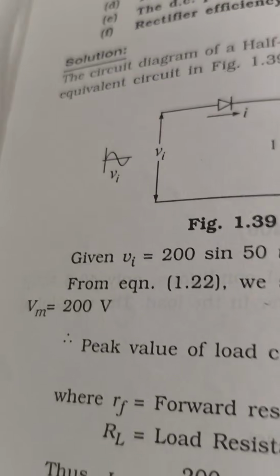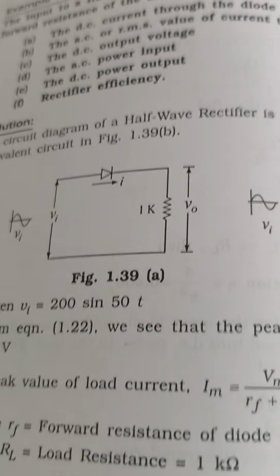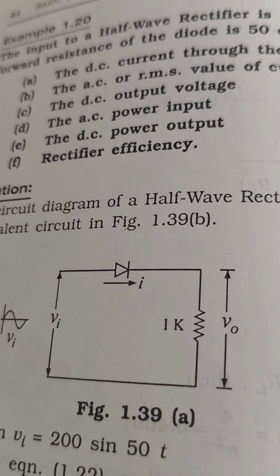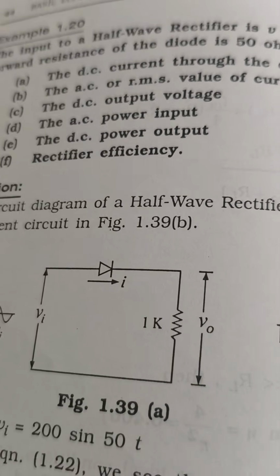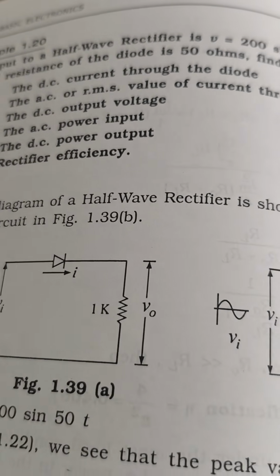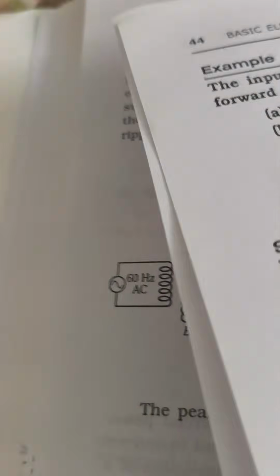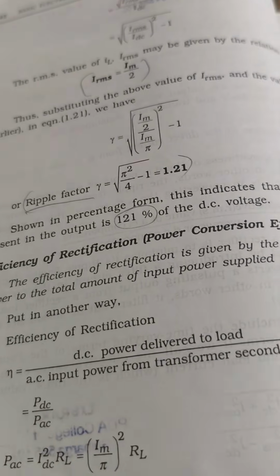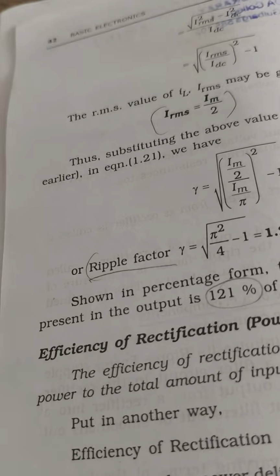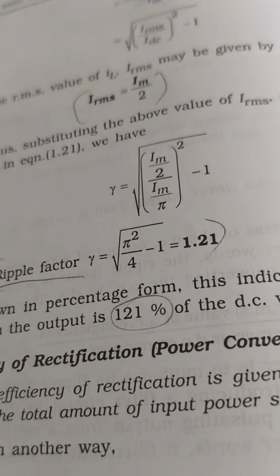Here they have given the solution also: how we have to solve and how we can obtain these terms. What is the DC output voltage? What is the AC power input? What is the rectifier efficiency? If you know all these things, then only can you solve the problems, otherwise you can't. What is the expression for IRMS?